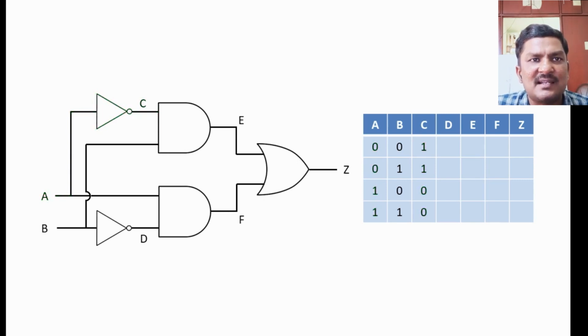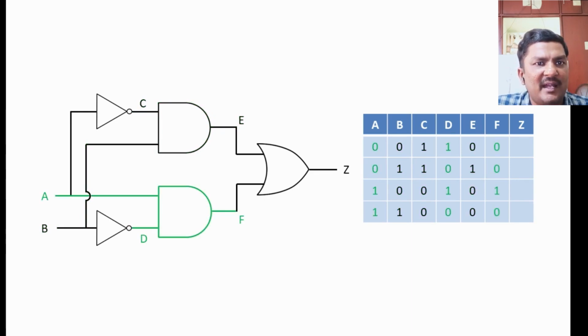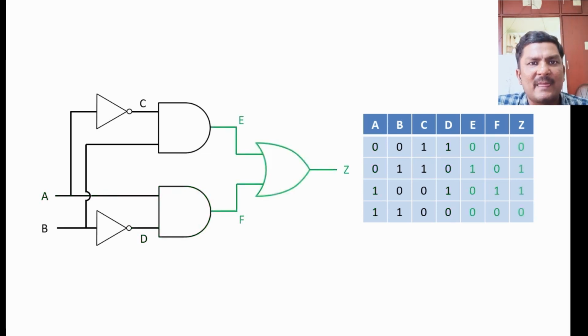So the first AND gate inputs are C and B. E is the output of first AND gate: 0, 1, 0, 0 according to the truth table of AND gate. And to the second AND gate, D and A are inputs, and E and F are the inputs of OR gate. Z is the output of this combination.